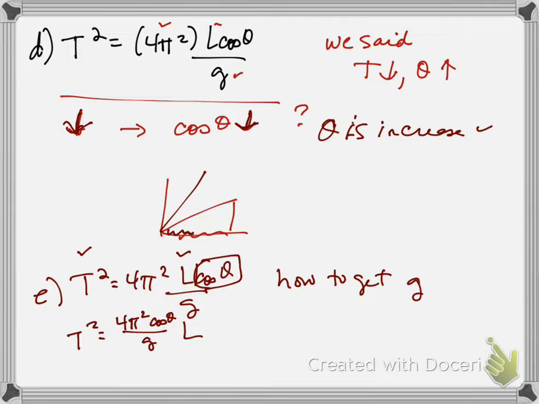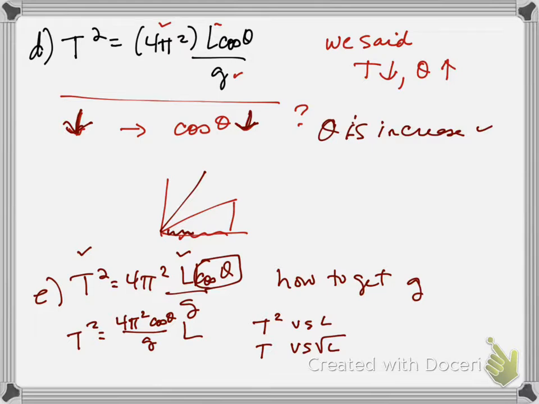We're going to graph T squared versus L. So something regarding T on one axis, something regarding L on the other axis, because you could say T squared versus L, or you could say T versus the square root of L. It doesn't matter. But you can't do T versus L because that's not going to be linear, and you can't do any other permutation. You've got to have the power relationships correct.